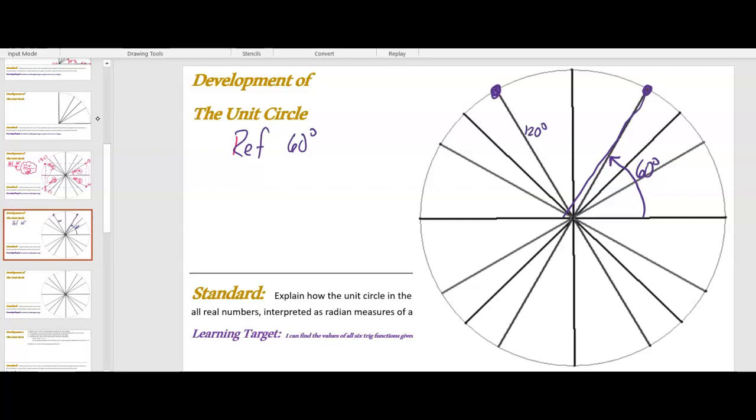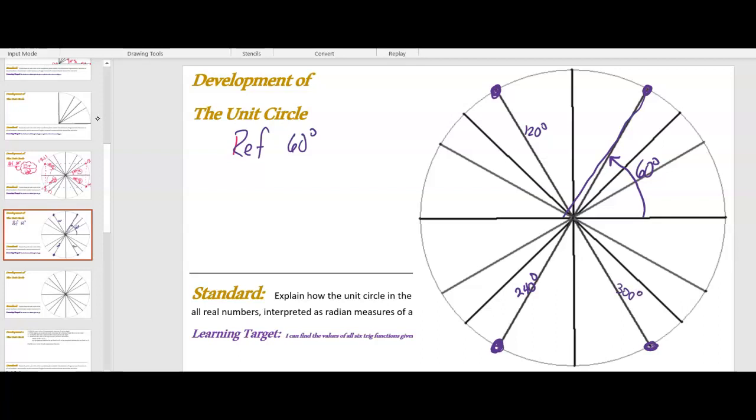I've got 180 degrees plus 60 degrees, which takes me to, what is 180 plus 60? 240. That's the one that gets a lot of people, by the way. This one's just a little wonky. Then you have 360 minus 60, which takes you to this angle, which is 300 degrees.